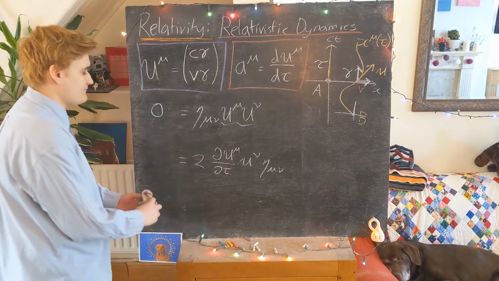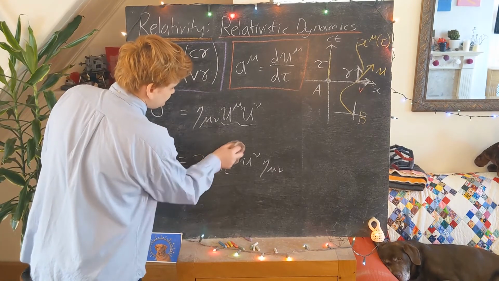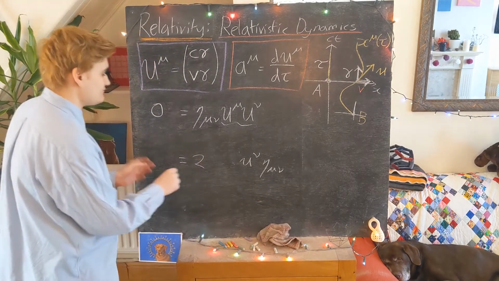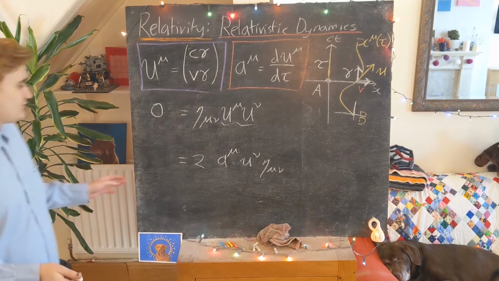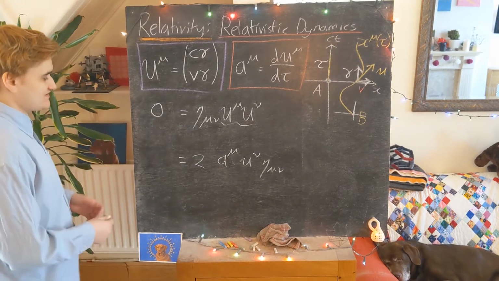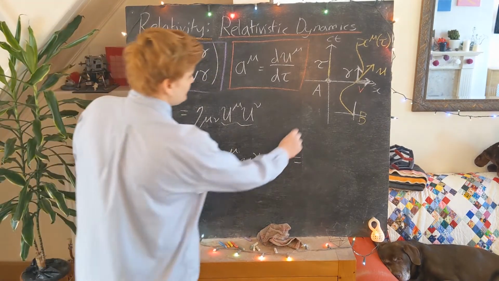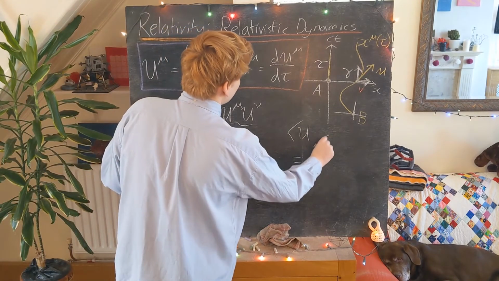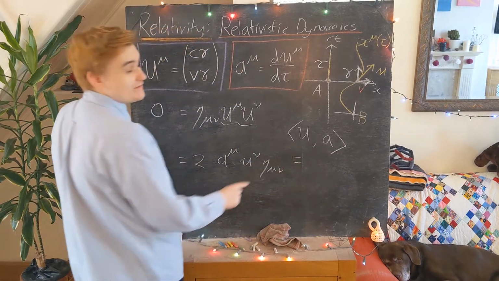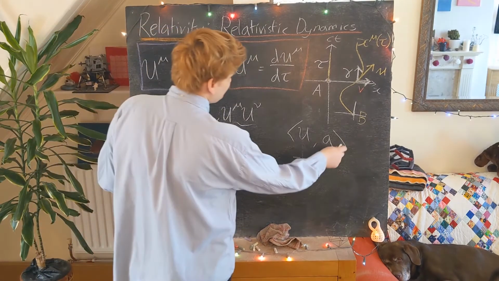We can identify that this is going to be the full acceleration. But now really what we've arrived at is what I wrote down initially, the inner product between the acceleration and the full velocity vector.